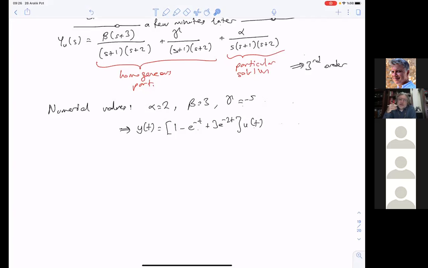So S is related to omega, which is the frequency, the Fourier transform. And omega is related to the frequency response. Therefore, it is related to the impulse response.